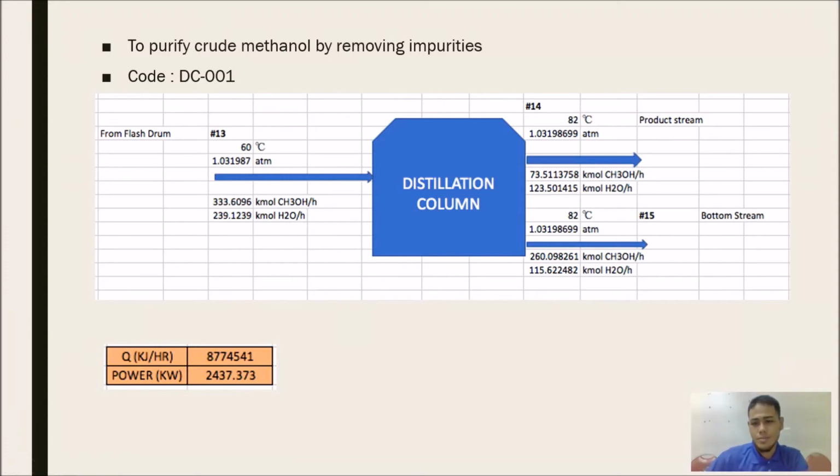So the product stream is at the upper stream, and the bottom stream will be the waste stream. Our product is in vapor state, and our heat energy is calculated as 8.7 million kilojoules per hour, and the power is 2437 kilowatt.